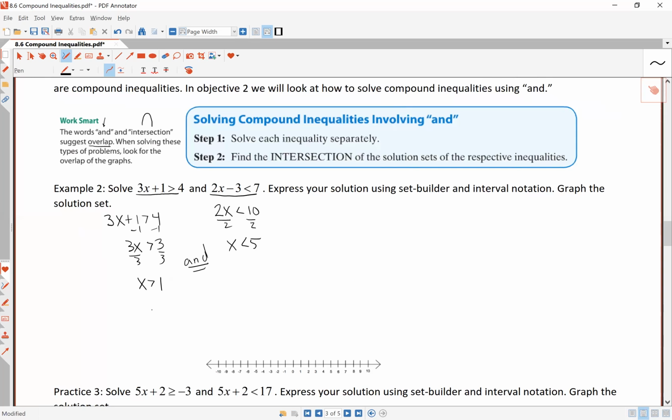We have x is greater than 1, and we have where x is less than 5. These two overlap from 1 to 5.